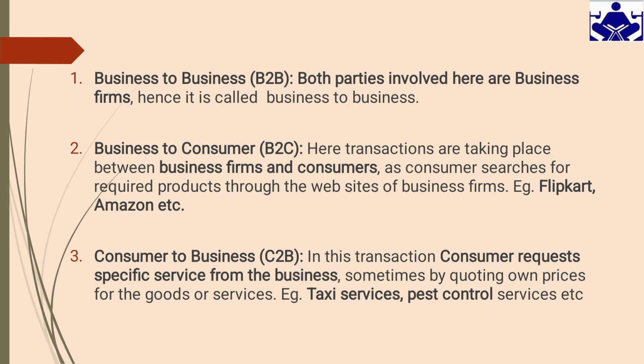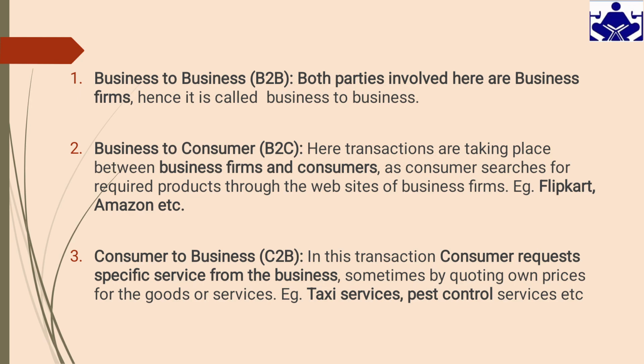Here, transactions take place between business firms and consumers, as consumers search for required products through the websites of business firms. And we see so many examples of B2C. After Corona, this B2C has gained much importance. For example, Flipkart, Amazon, and many others.